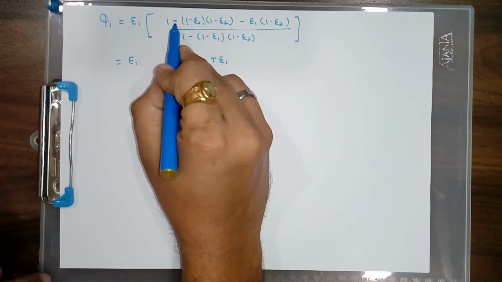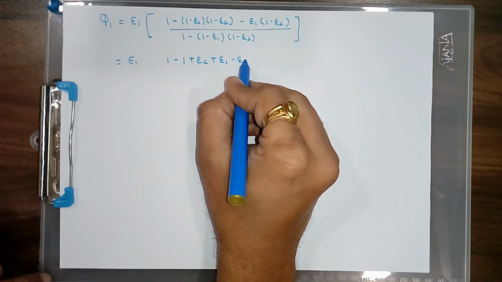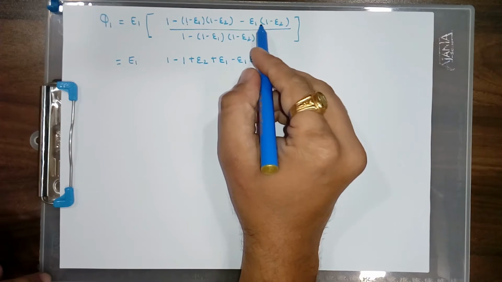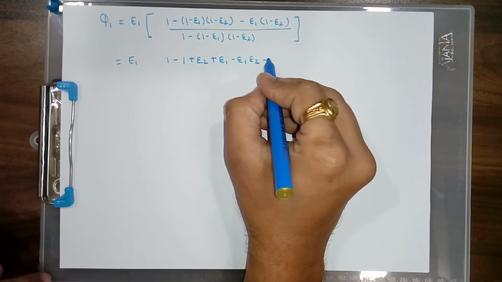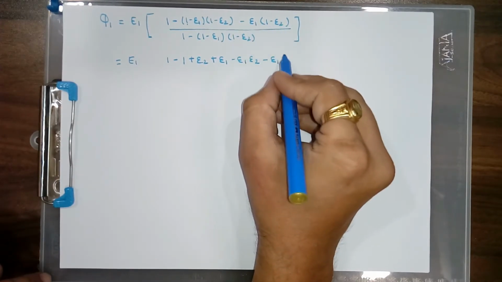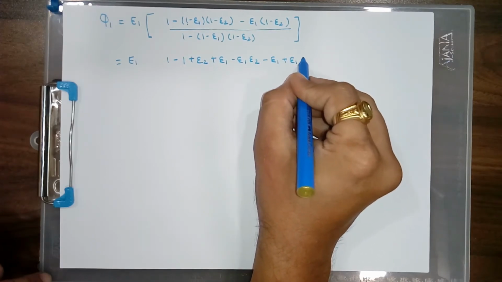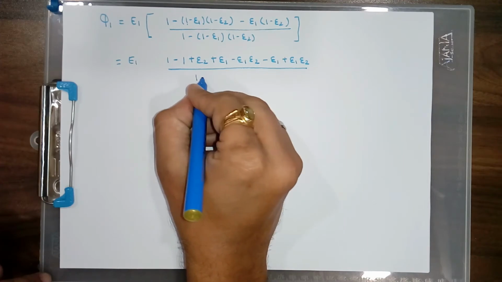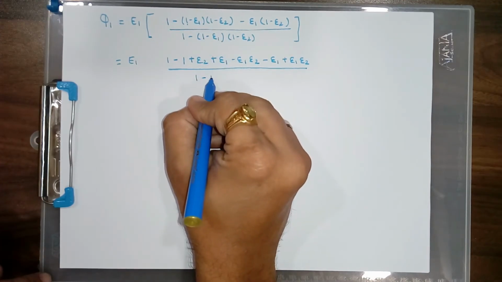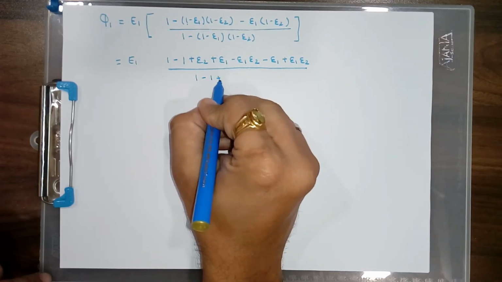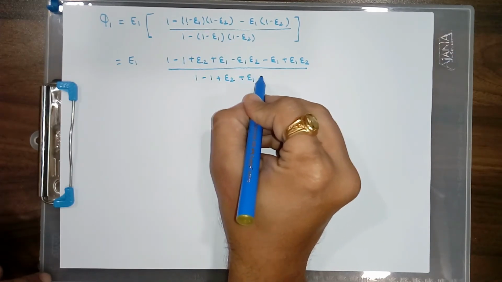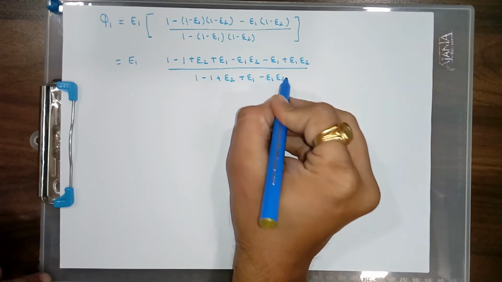E1 and E2 and minus there, so it becomes a minus ε1 ε2. Here ε1 is multiplying with the 1, so it becomes minus minus is plus, so we get this. In the denominator sides we get 1 minus 1, multiplied 1 into this, so it becomes a plus E2. Here it becomes a plus E1 minus E1 E2.